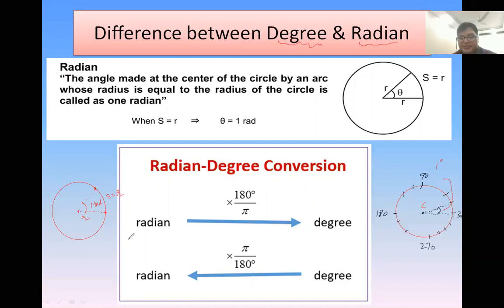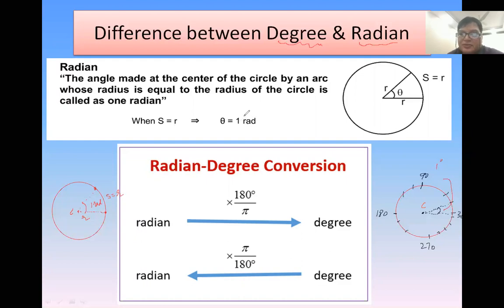Look at the difference, please. 1 radian is the angle made at the center of the circle by an arc whose length is equal to the radius of the circle. Simple. If the arc length is R, then the angle is 1 radian.